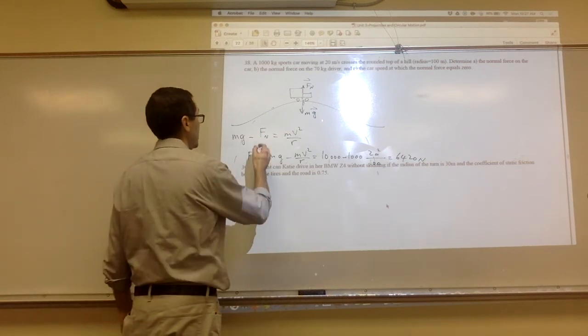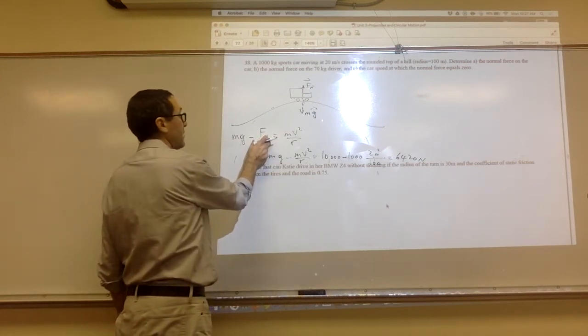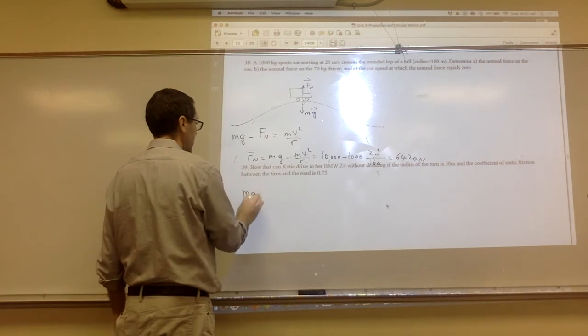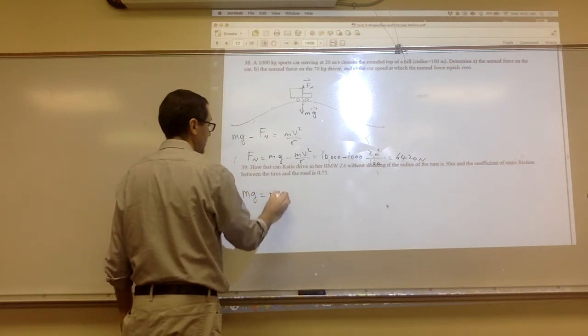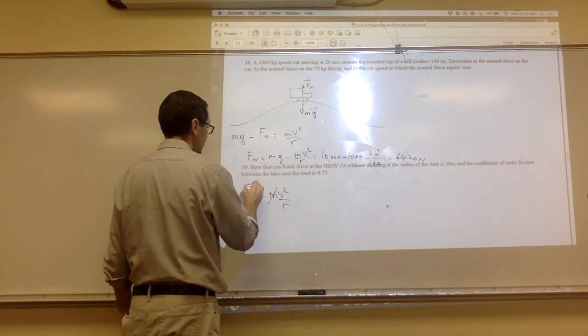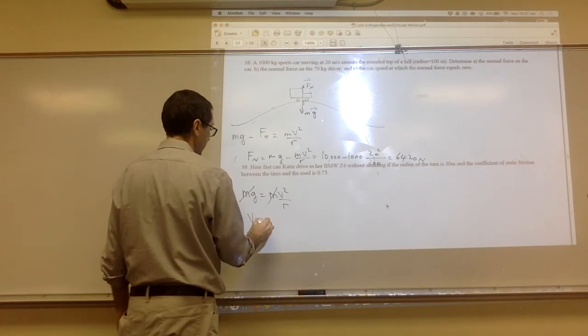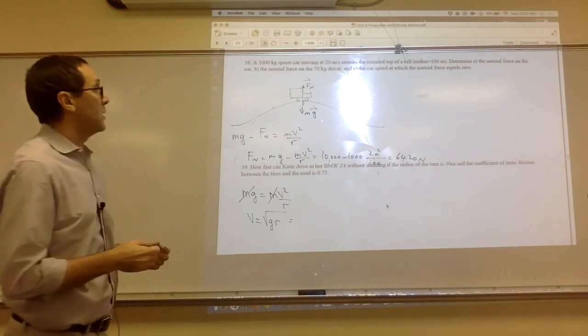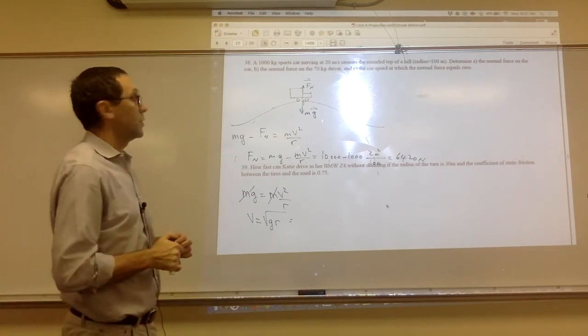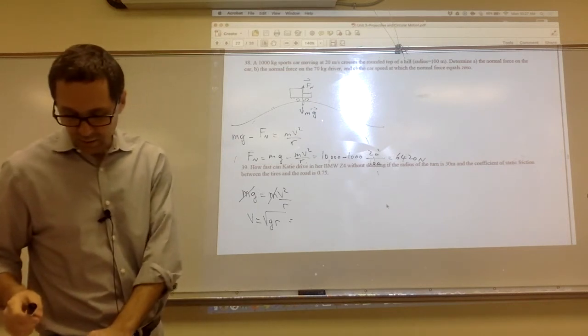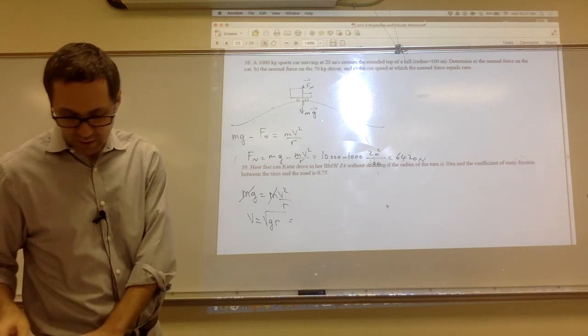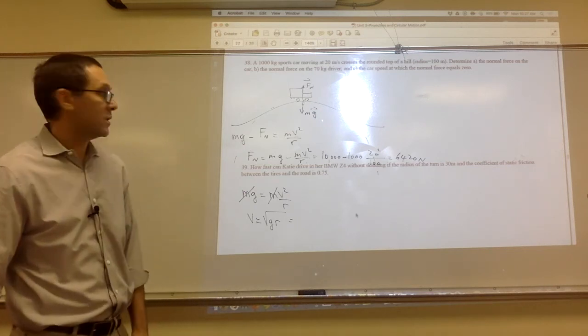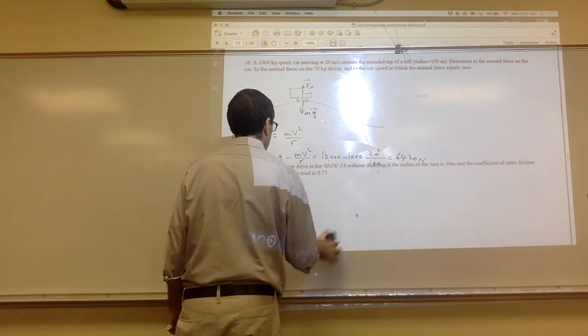All you have to do here is make Fn 0, and you end up with mg equals mv squared over r. We don't even need the mass. So v is the square root of gr, and the r is given. So it's the square root of 1,000. If you go in at 31.62 meters per second, you lose contact with the road.